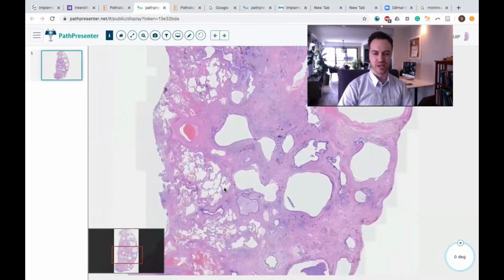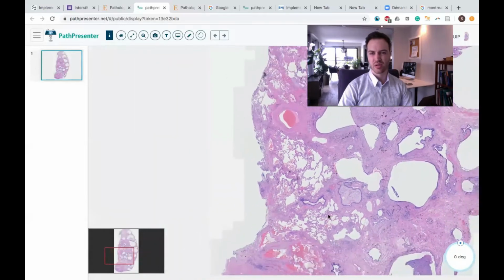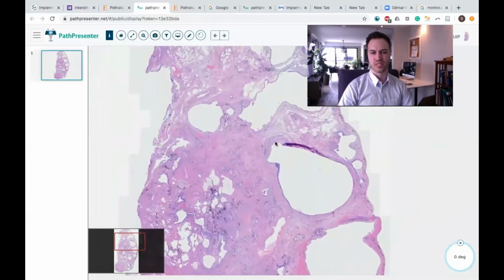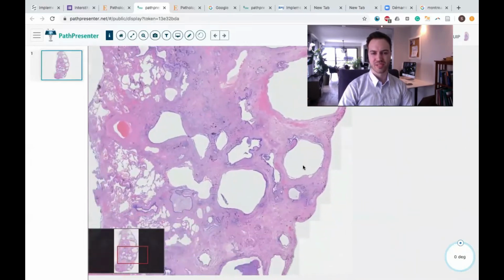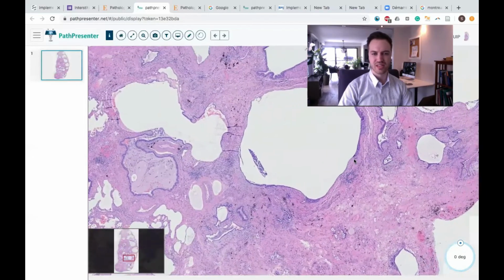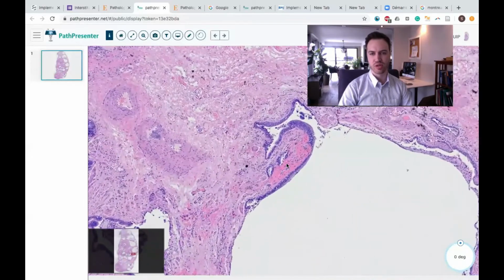This is obviously not a healthy lung. We have maybe some normal lung parenchyma here. All this looks like fibrosis. These large spaces that are subpleural, I wonder if that's maybe microscopic honeycomb change. They're all stacked up upon one another. Maybe a bit of that bronchial metaplasia.